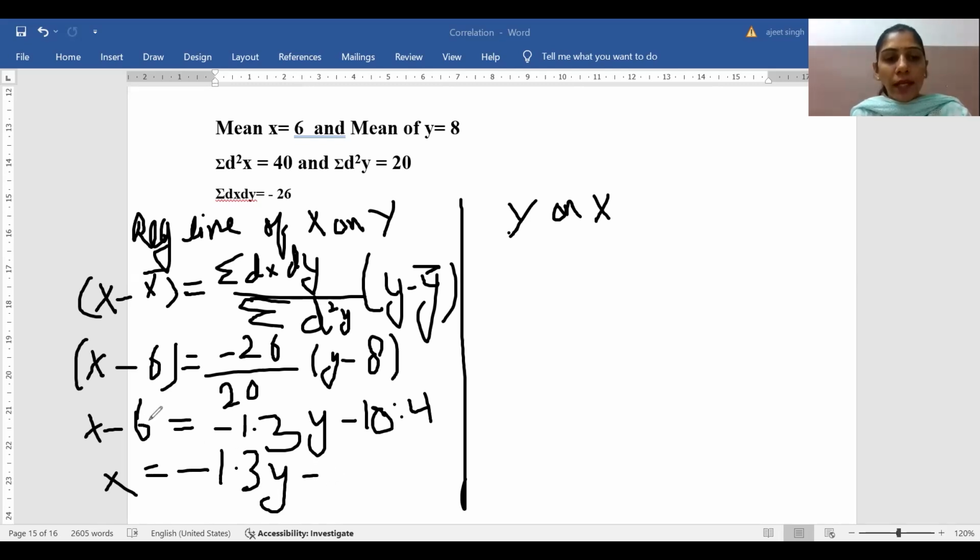When we take minus 6 to the opposite side, it will become plus. So minus 10.4 plus 6. Sorry, it is plus, as minus minus is plus. So it is plus 16.4.